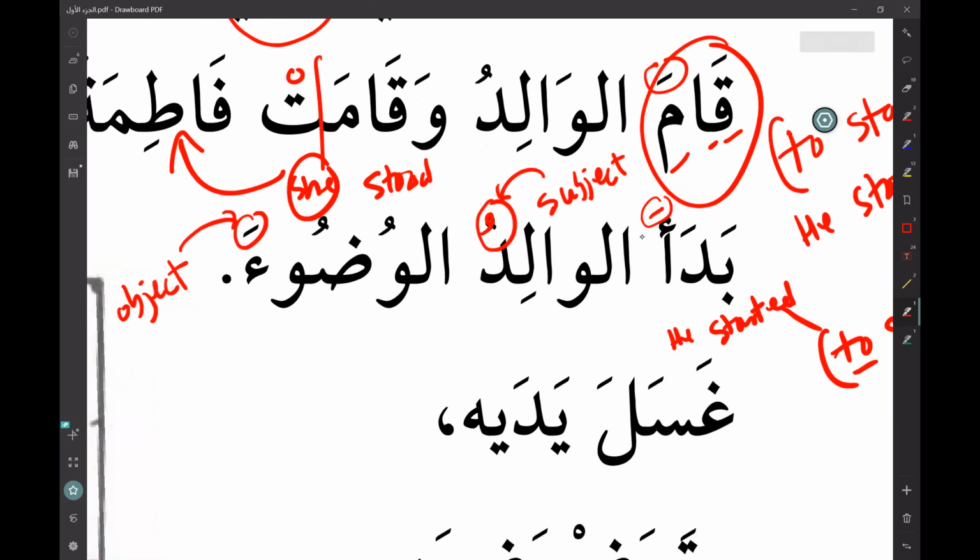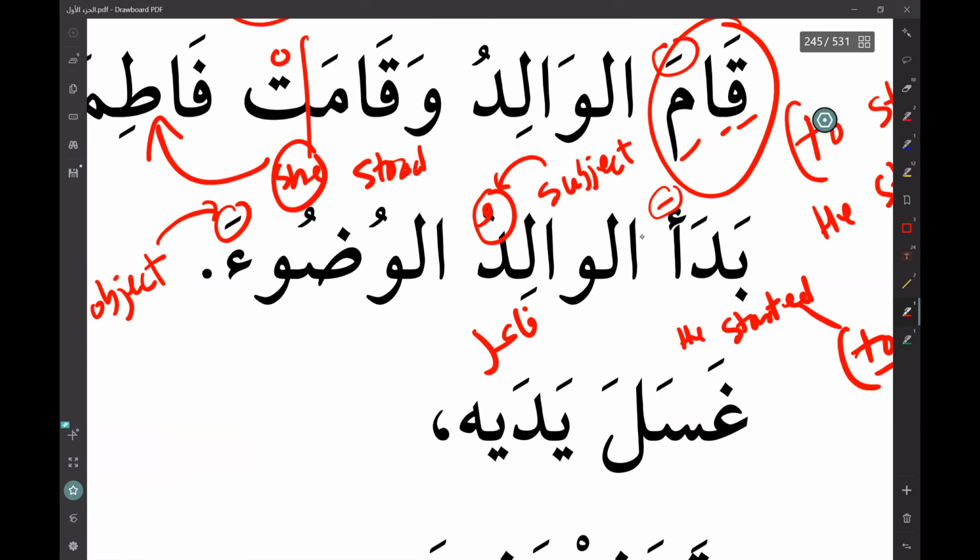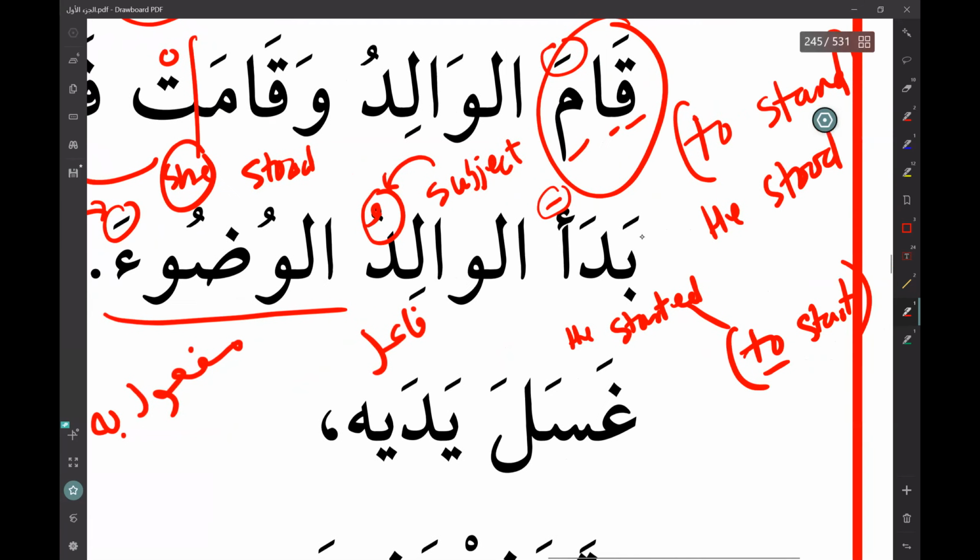So in Arabic this will be called fa'il and this will be maf'ul bihi. In this book, we are not too focused right now on the grammar terms, but inshallah, the book will give you all these terms. So what does it mean? It means the father started, and the object of bada'a, what did he start? We have to tell you what he started. He started performing wudu.